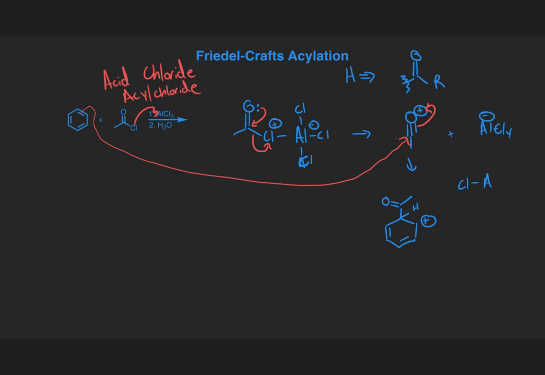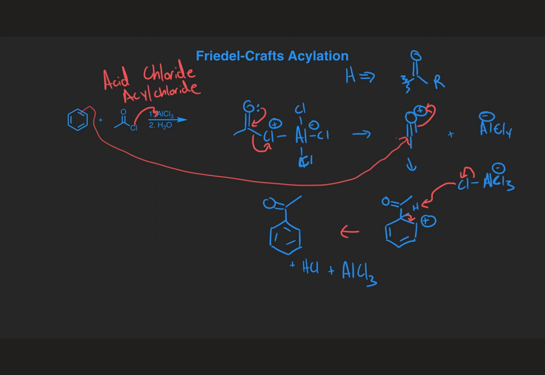I'm going to draw it out a little more completely here. And this Cl is going to pick up this proton here to generate this compound plus HCl plus aluminum trichloride.